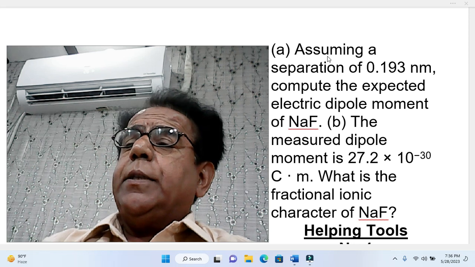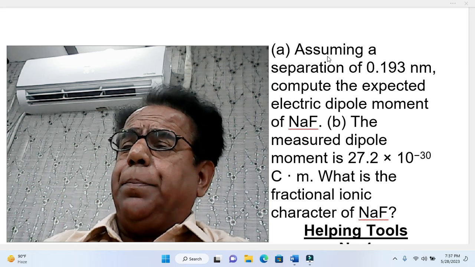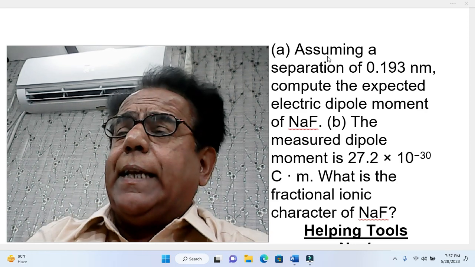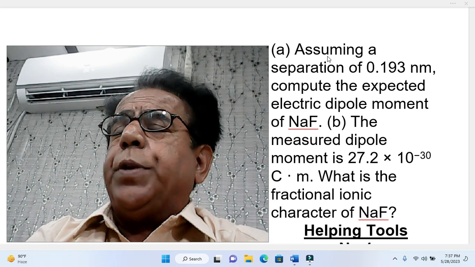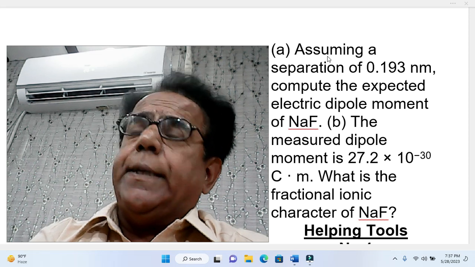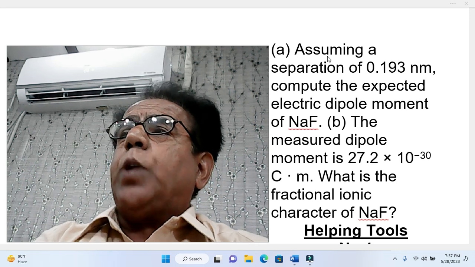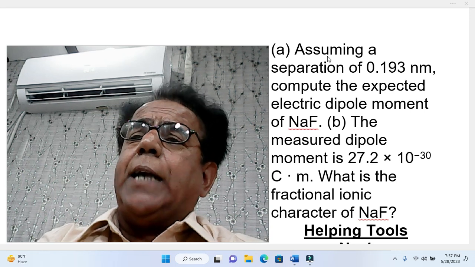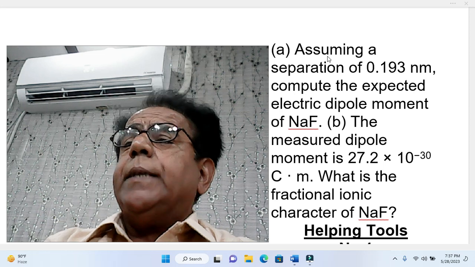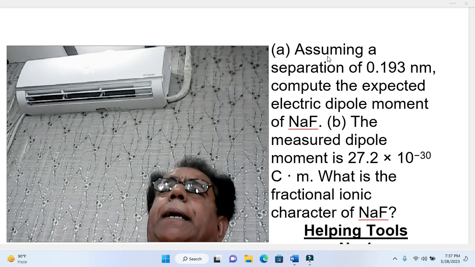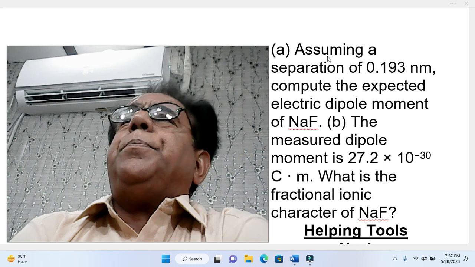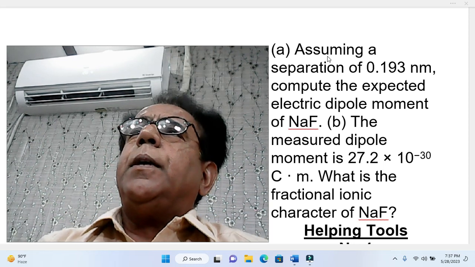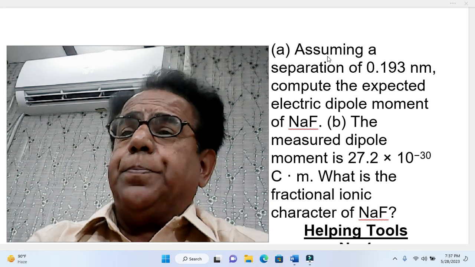Sodium and fluorine, but the molecule is sodium fluoride, in the same way as NaCl, sodium and chlorine, and then sodium chloride. Similarly, potassium and bromine, but their molecule is called potassium bromide. Similarly, potassium and iodine, but their combined name is potassium iodide.